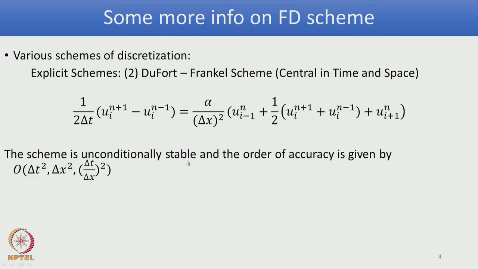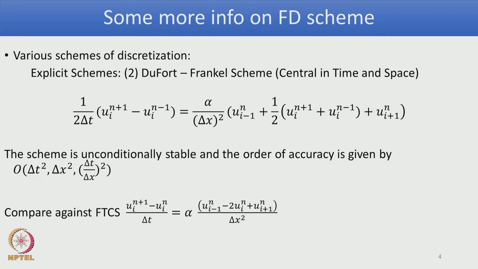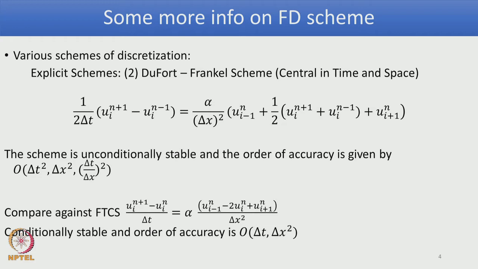The scheme also has order of accuracy delta t squared, del x squared and delta t by del x squared. Compare this against forward in time, central in space, which is conditionally stable with order of accuracy delta t and del x squared. The middle term, shown here for the FTCS as u of i, n, which is completely explicit, is replaced with u of i, n+1 and u of i, n-1.